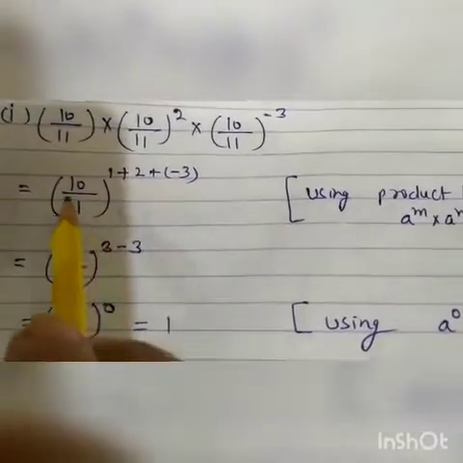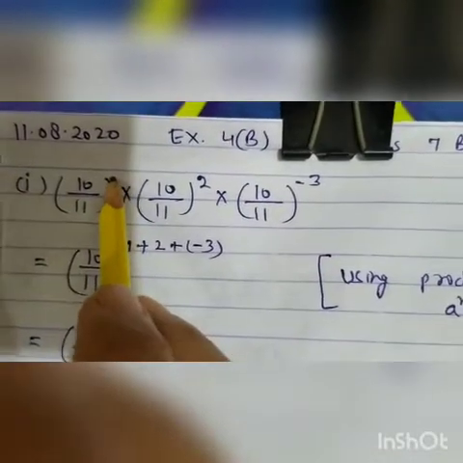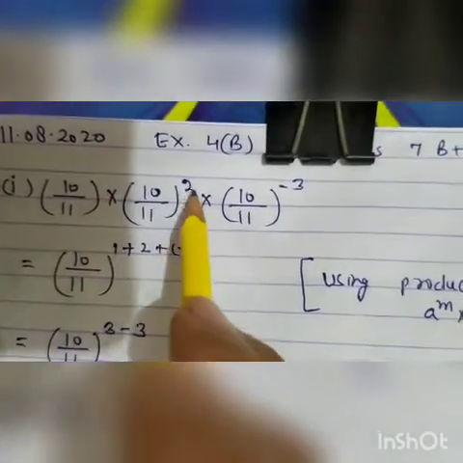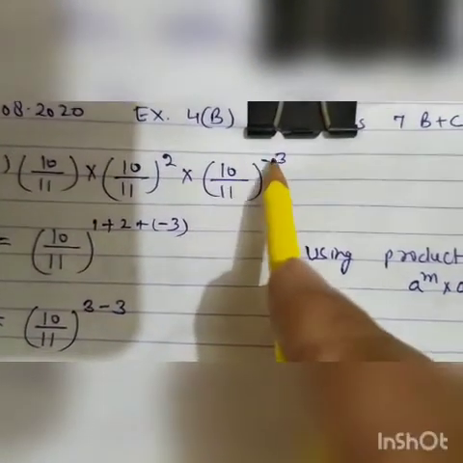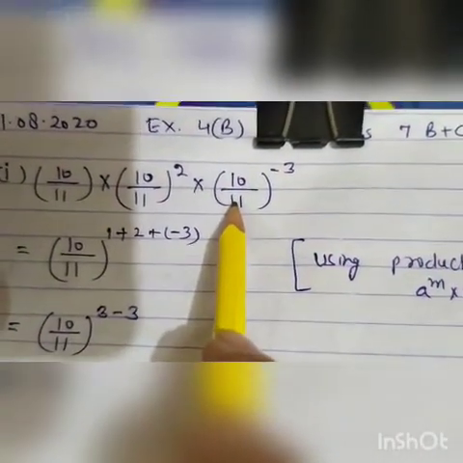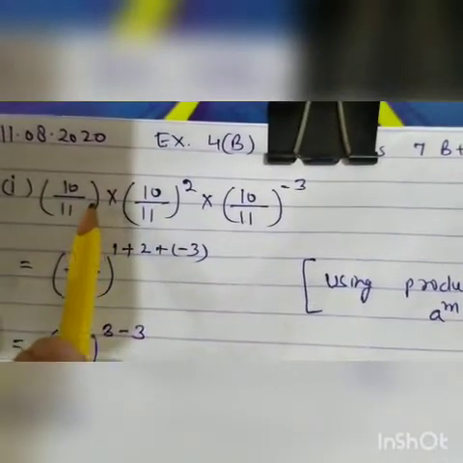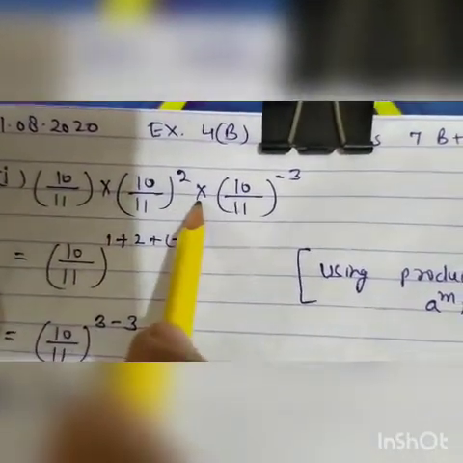Next question, I part, 10 upon 11 power 1 multiplied by 10 upon 11 power 2 multiplied by 10 upon 11 power minus 3. So in these three terms, all three bases are same and there is a multiplication sign between them.